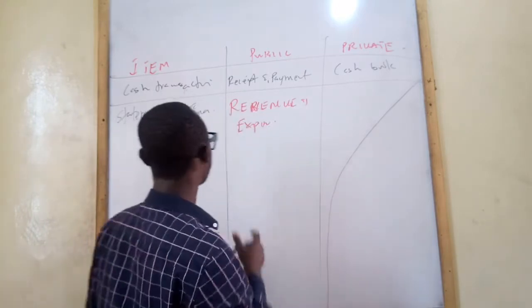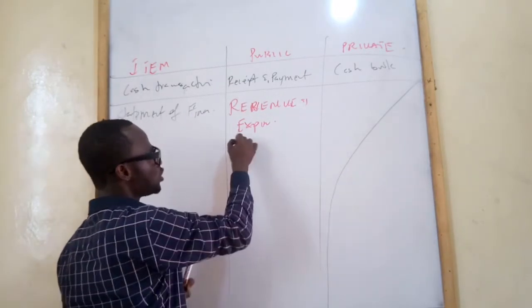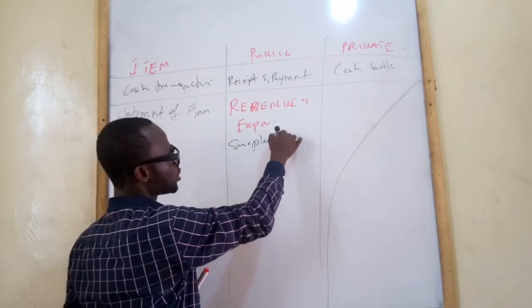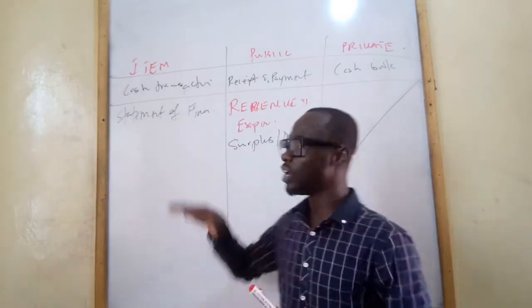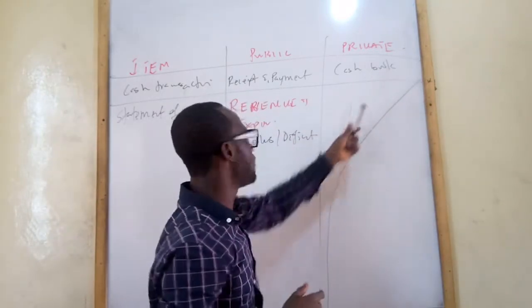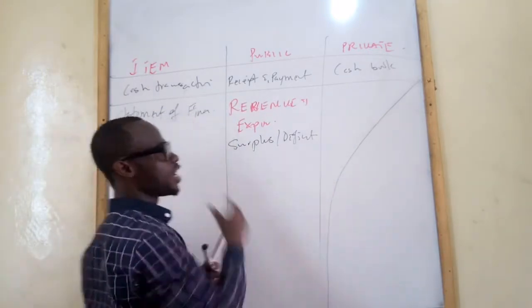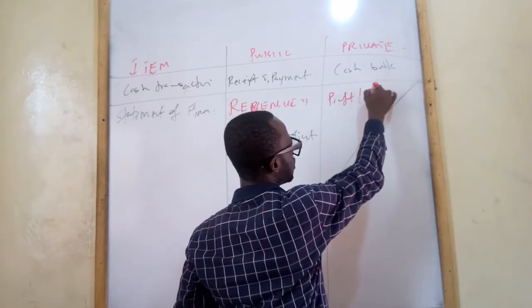So in the statement of financial performance in the public sector, you are going to get what we call surplus or deficit. When you prepare the revenue and expenditure account, you will get surplus or deficit. But in the private sector, when you prepare the statement of financial performance, you are going to get either profit or what? Loss.